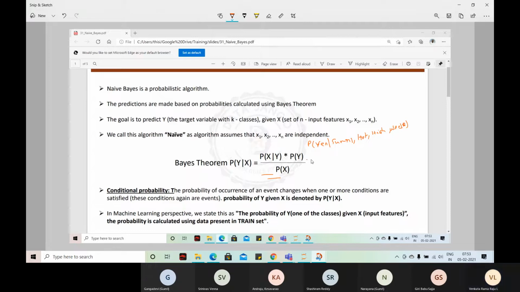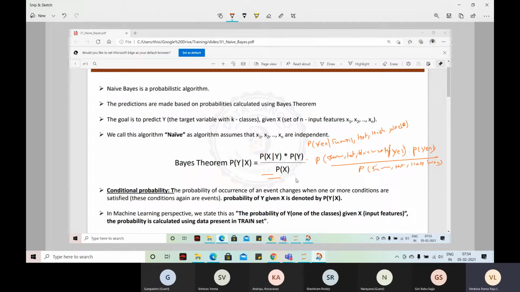The formula is probability of x given y, where x is sunny, hot, high, weak, given yes, times probability of yes, divided by probability of how many times this sunny, hot, high, weak is happening. This is the formula you need to use to calculate the actual probability.